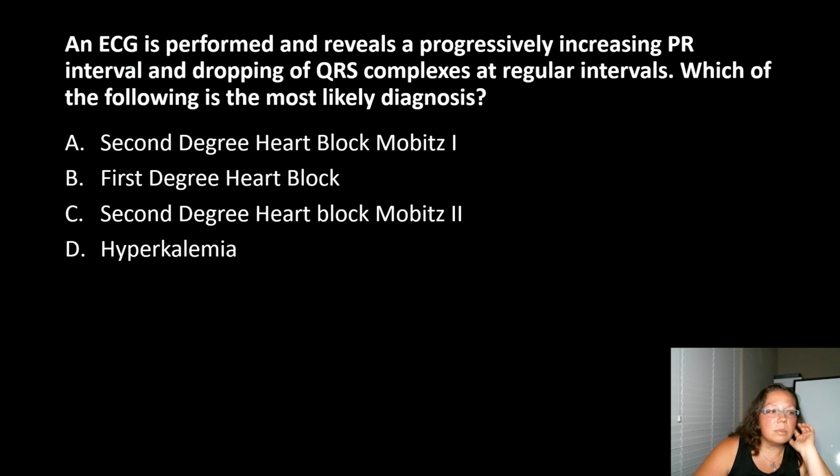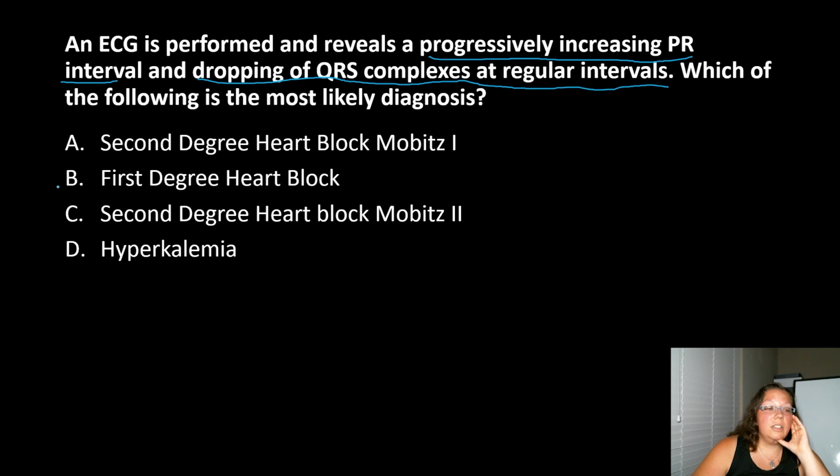All right, so what can we gather from this question? What information does it provide? Well, it reveals a progressively increasing PR interval and dropping of QRS complexes at regular intervals. So we've got a dropping going on. We're dropping some beats. What block drops beats?